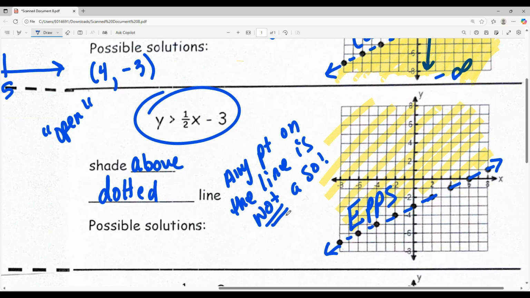Now, this is a really important possible solution, and we'll talk about it in just a moment, but the coordinate point 0, 0 is a possible solution. You can have any point on the line there on the x-axis. So let's say 2, 0 is a possible solution, but not 6, 0. 6, 0 is not a solution because it is on the boundary line.